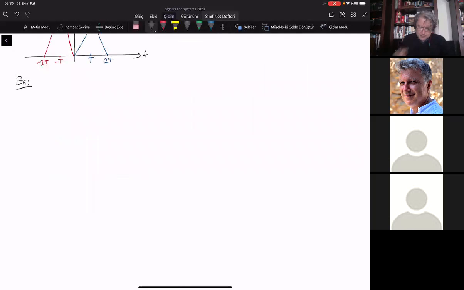The other example, again, I will use the same x1 of t from minus capital T to capital T. But this time, I'm going to convolve with x2 of t, which is delta t plus delta t minus capital T. These two.